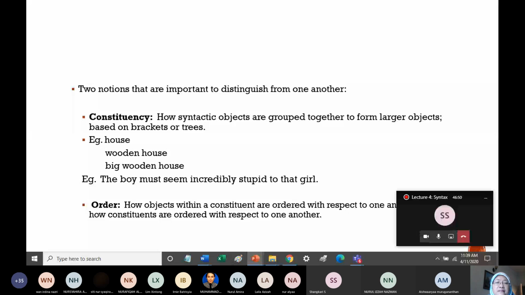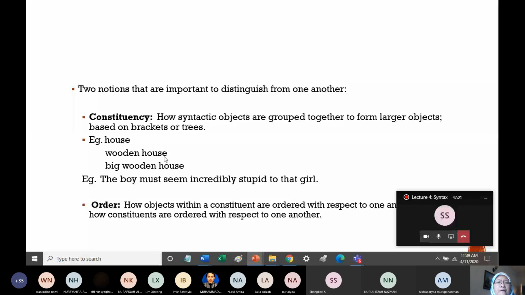It still is a noun phrase. And then big wooden house. Big is an adjective, wooden is also an adjective, and then this is a noun. Still, it is a noun phrase. So a constituent can be one element like house. It can be more than one, like wooden house or big wooden house.